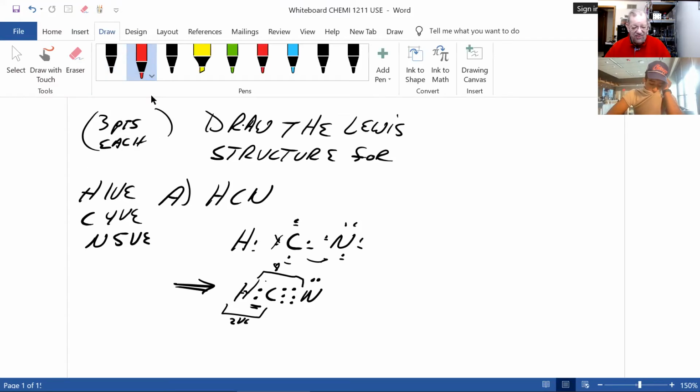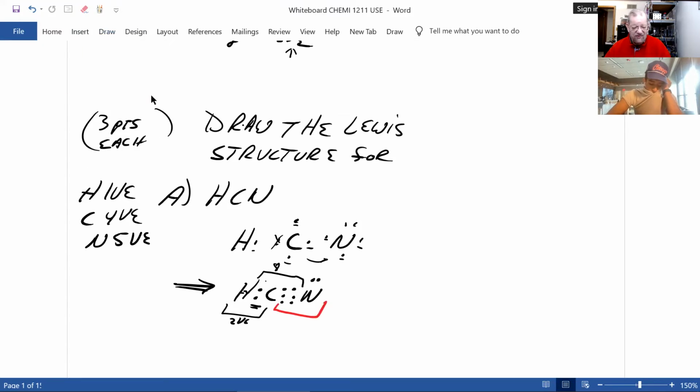And if we look at nitrogen, it has 2, 4, 6, plus the 2 non-bonding, and it has 8 valence electrons. Now, what do we call the bond between carbon and nitrogen? Well, how many pairs of electrons? 3. That's a triple bond.